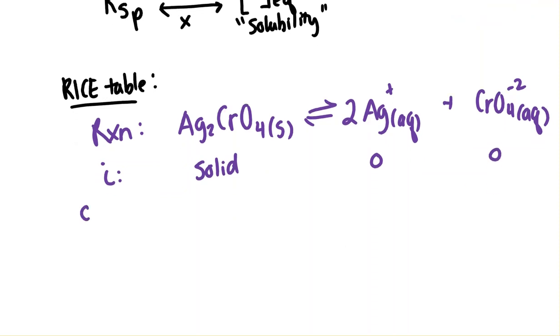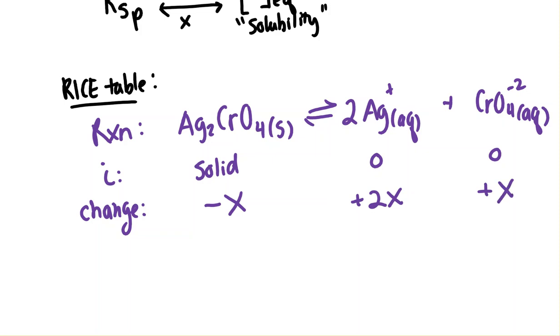Okay, for our change, we're going to lose x of the solid as it dissolves. And so for this, I will get plus 2x, and for this, I'll get plus x.